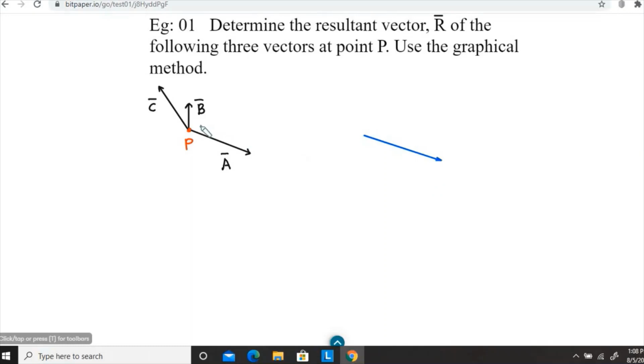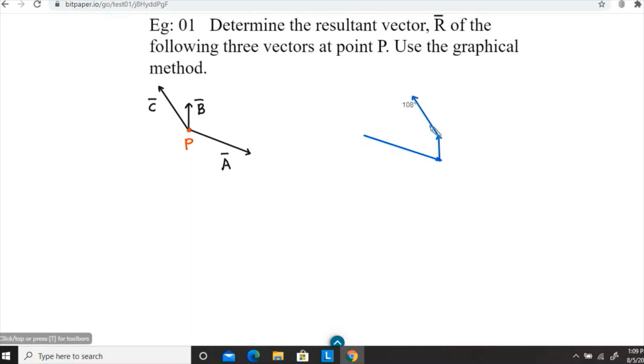And then I'm going to slide vector B so that its tail is connected with the head of vector A. So I'm using the head to tail arrangement here. So like that. So that's my vector B. And I'm going to slide vector C to the position of vector B. Like that.